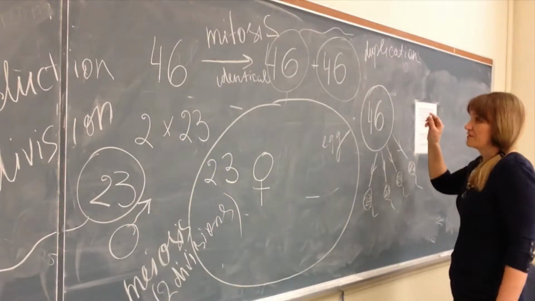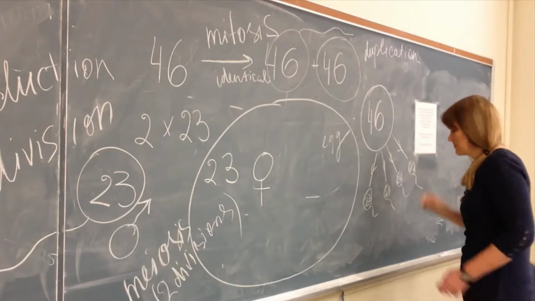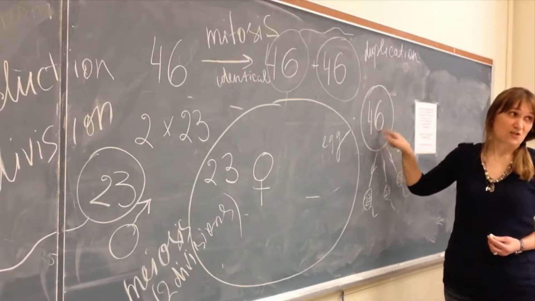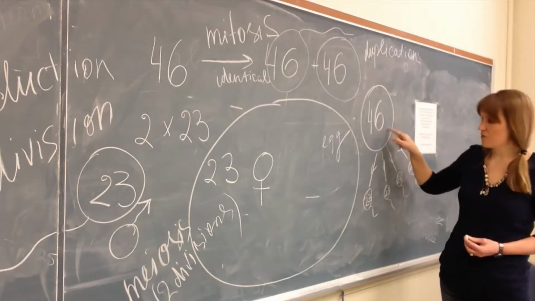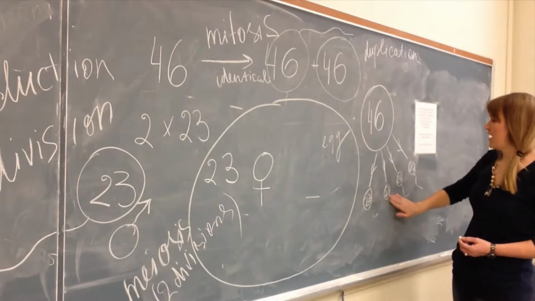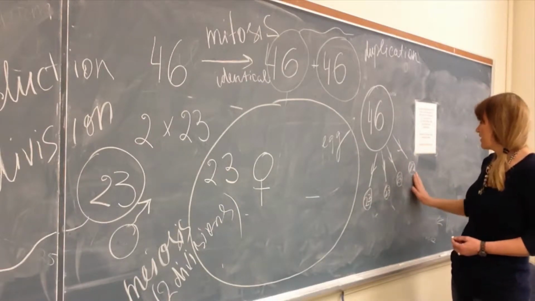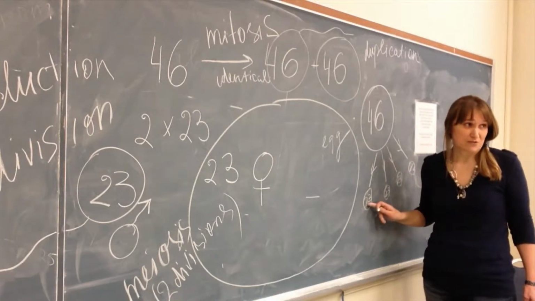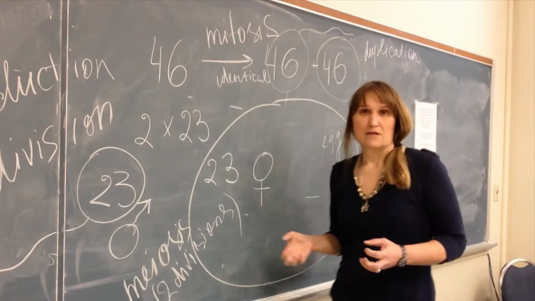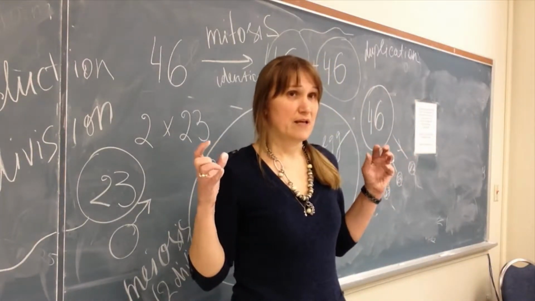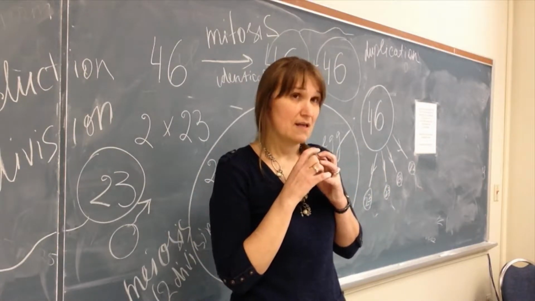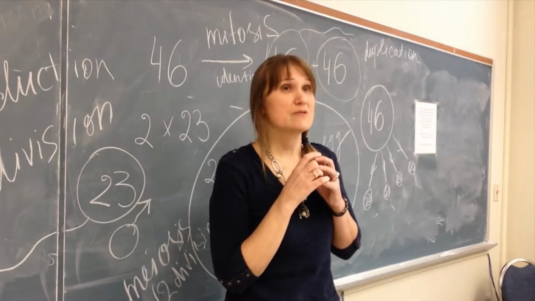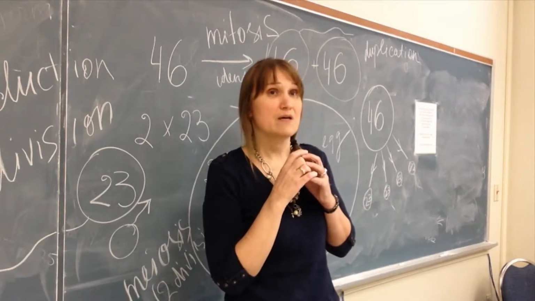Same thing will happen in female reproductive system, where an initial cell that carries 46 chromosomes will create a bunch of eggs, well actually one egg, that will carry 23 chromosomes. So when the sperm and egg meet together, they will have 46 chromosomes, and this cell will be the first cell of a new baby, of a new person.